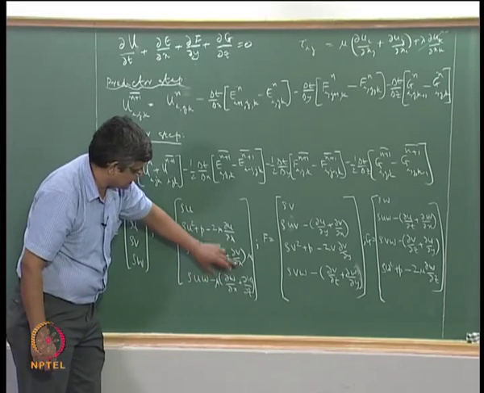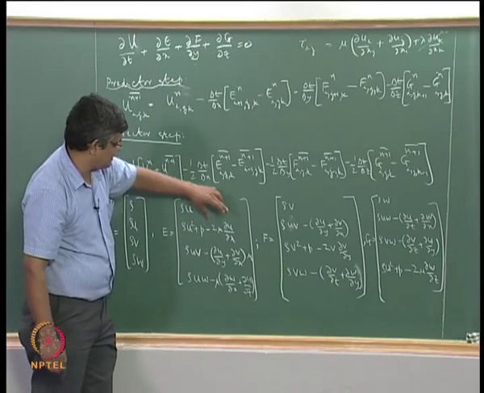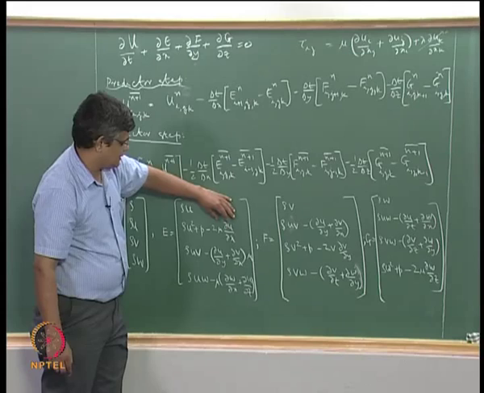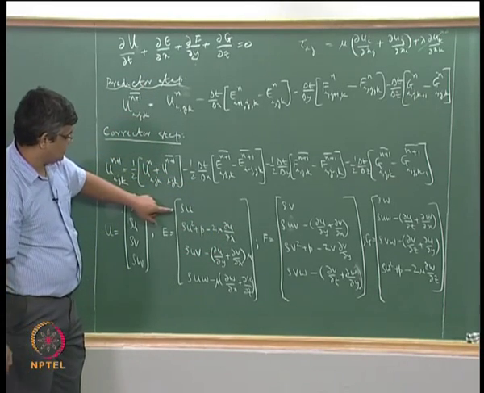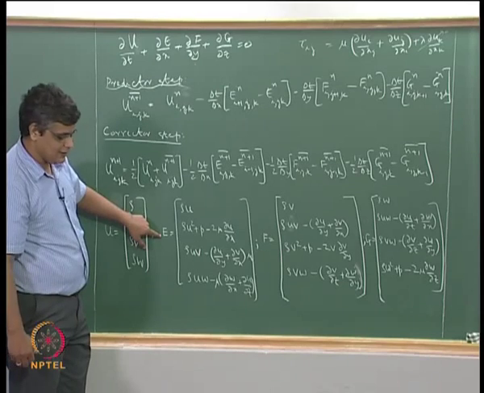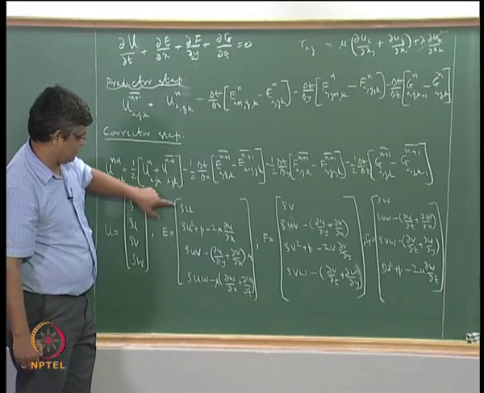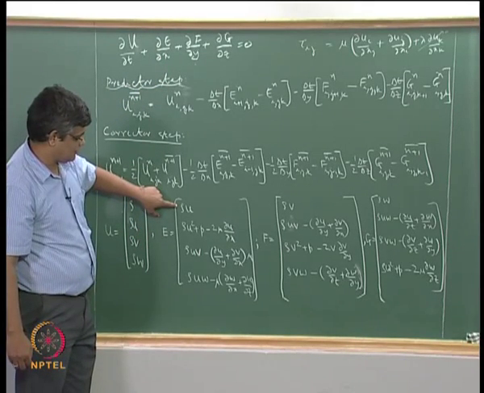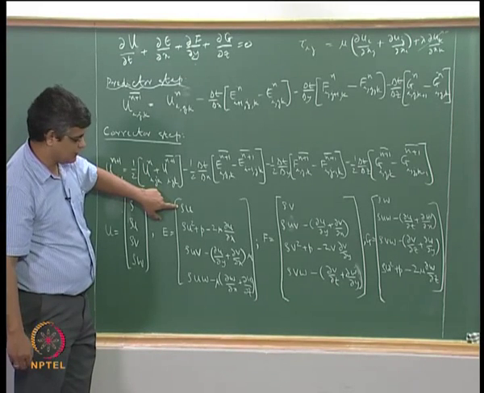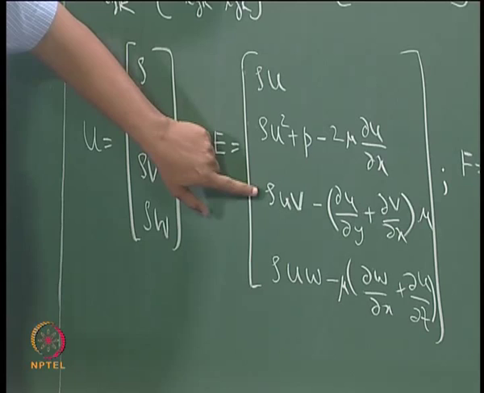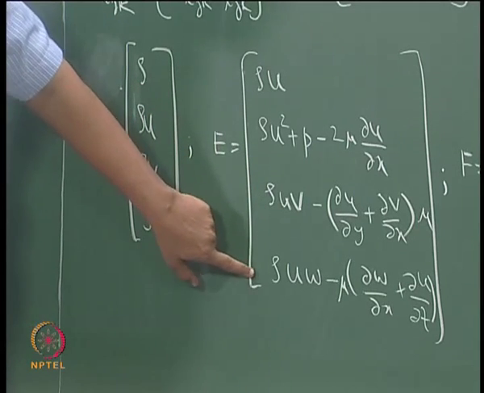So these are the stress components which are appearing in the Navier-Stokes equations, which are also components of the corresponding elements of the E vector here. Okay, this representing the component coming in the continuity equation, x momentum equation, y momentum equation and z momentum equation.